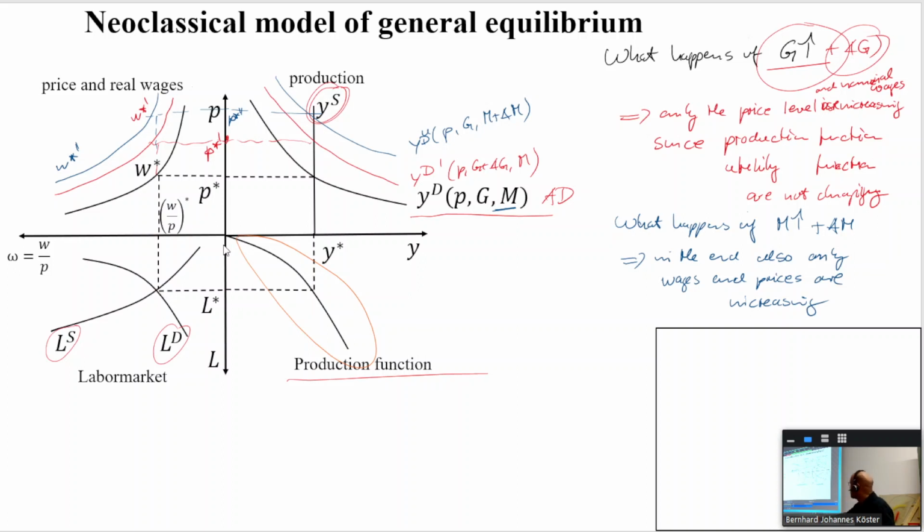And of course, also in this model something happens if, especially here, you are changing something in the preferences, because then the labor supply function will change. Somehow we do this if we say to our people, we should stop smoking or something like this.